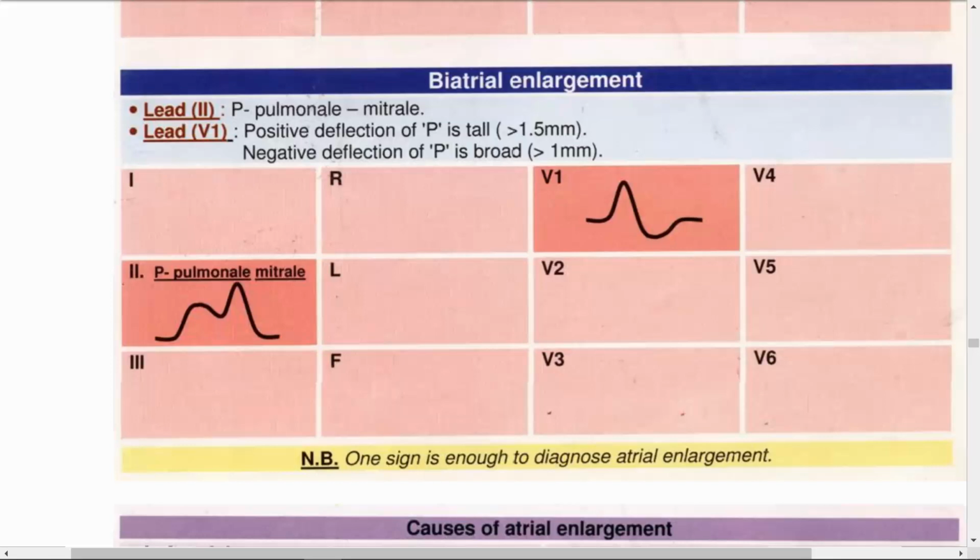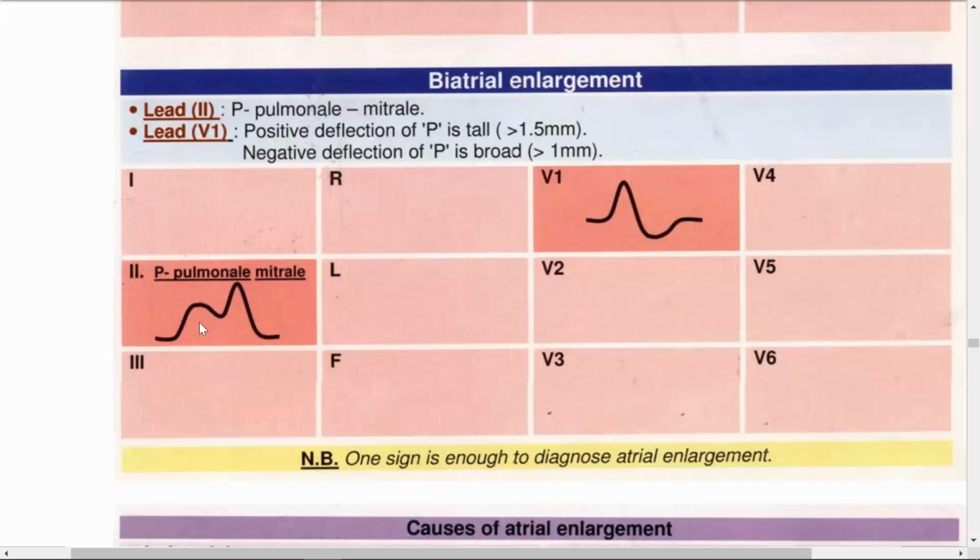Biatrial enlargement: a patient with MS has left atrial enlargement and pulmonary hypertension, right atrial enlargement. So one sign from each is enough. Here, for example, we have many options. This P wave in width is more than 3 and has height more than 2.5.